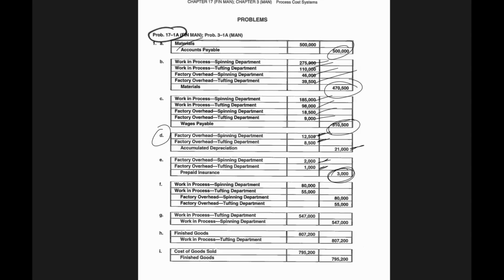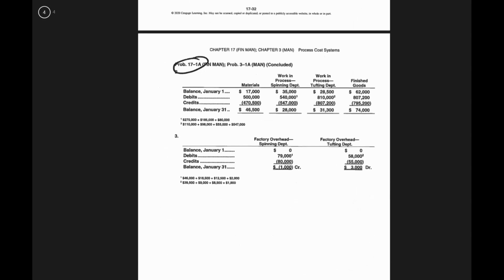Here we are applying, so we're taking it out of the overhead and putting it into the WIP accounts. And then we are transferring costs from WIP to another WIP, from spinning to tufting. Finished goods. Now tufting, it's done and it's going into finished goods, and here's our journal entry to show that the item was actually sold.